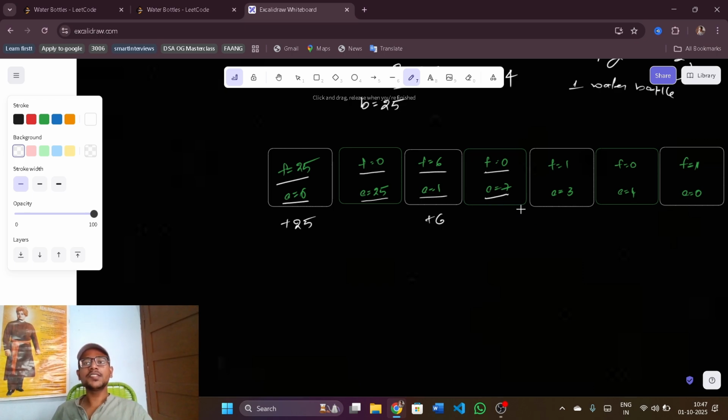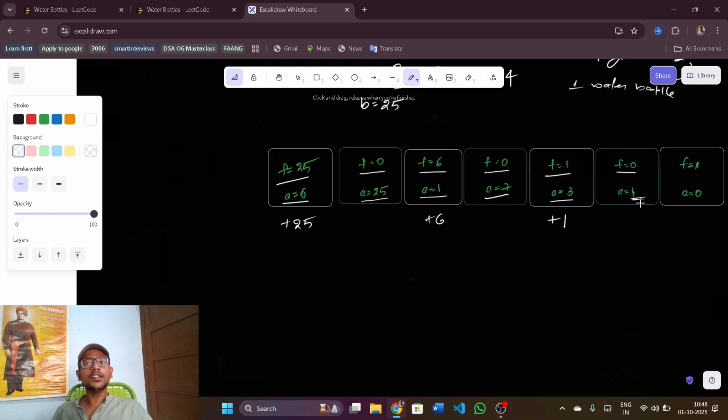Now from these 7 I need to give 4 and get a water bottle. So I gave 4, but I am remaining with 3. By giving 4, I get 1 filled water bottle. So plus 1, I'll drink it and make it empty. Now I have made this filled water bottle empty. So 1 plus 3 that was empty initially, 3 plus 1 is 4, right?